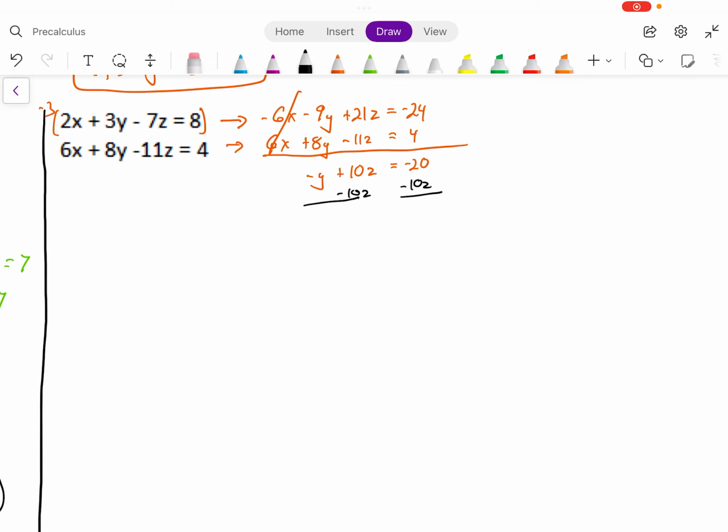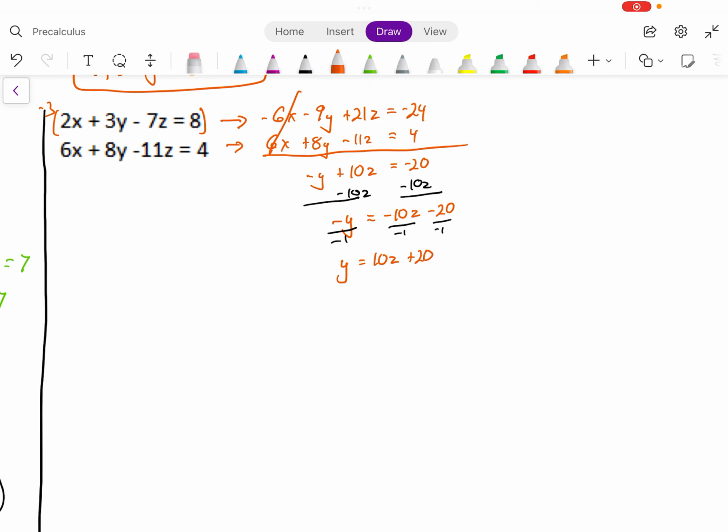And we end up with -y equals, you don't have to do this, but I'm kind of putting it so it looks like slope-intercept form, but again, you do not have to do that. It's not needed here. And then we'll divide both sides by -1, which is really going to be just the same as changing all the signs. So we get y equals 10z plus 20.